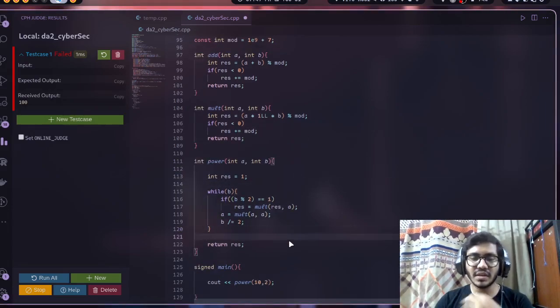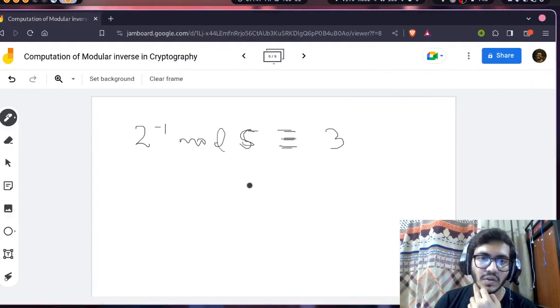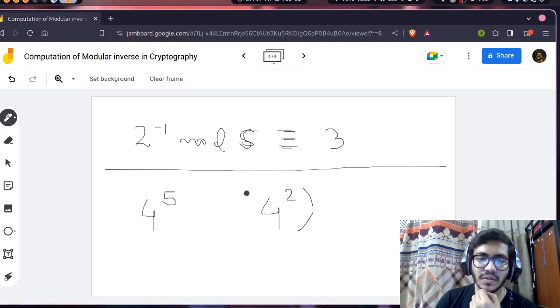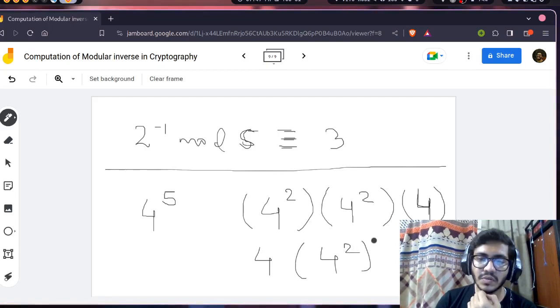And what happens is, now we talked about how you compute 4 raised to the power 5, right? So you can break this down into 4 raised to the power 2 into 4 raised to the power 2 into 4, right? So this is essentially 4 raised to the power 4 raised to the power 2 into 2.